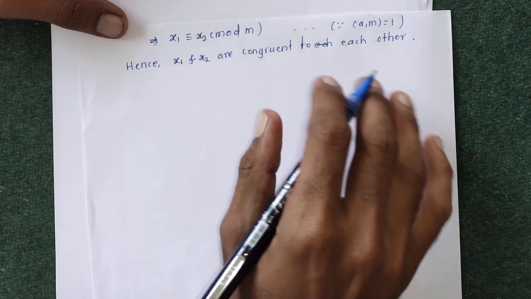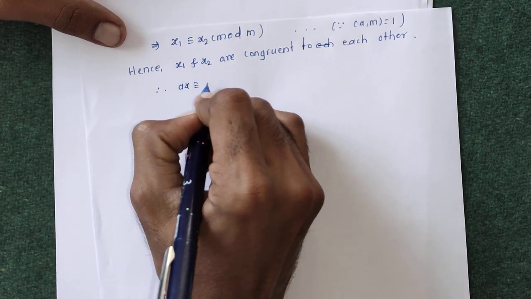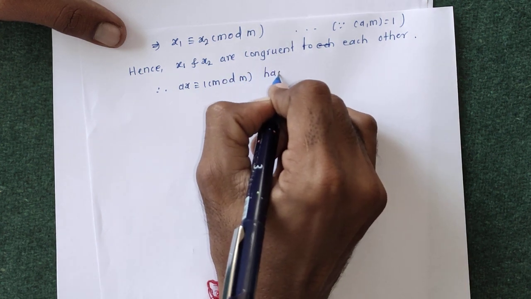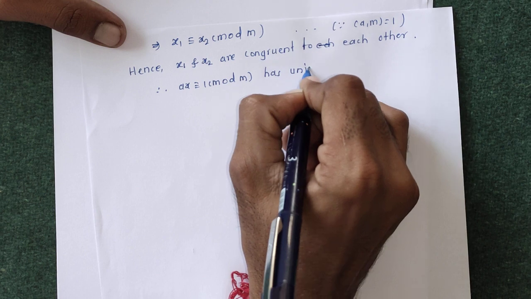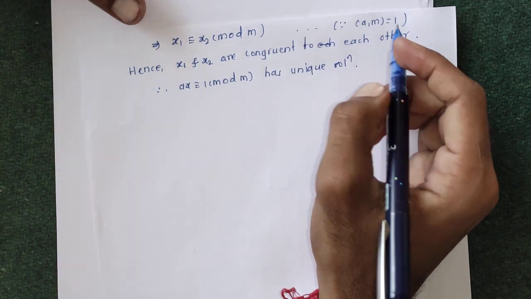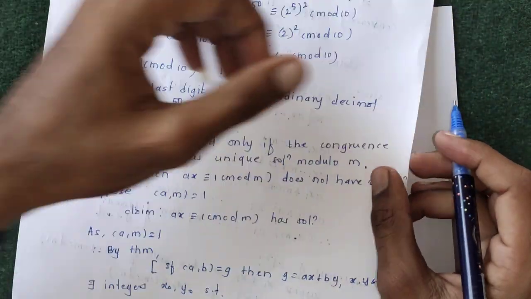Hence, the solution of that congruence is unique. Therefore, ax is congruent to 1 mod m has a unique solution. Hence, the proof of this statement.